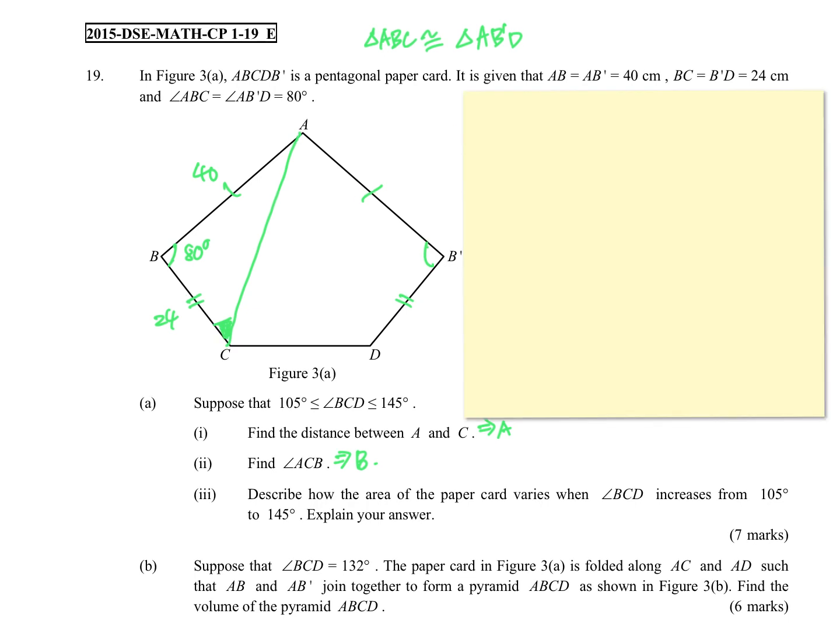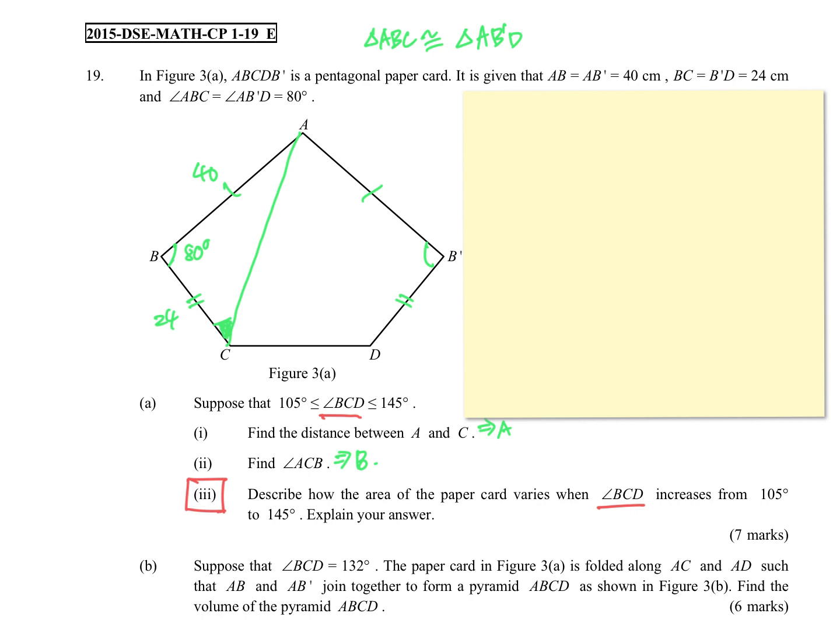So here comes part A3. Describe how the area of the paper cup varies when angle BCD increases from 105 to 145 degrees. So angle BCD would be the objective angle.